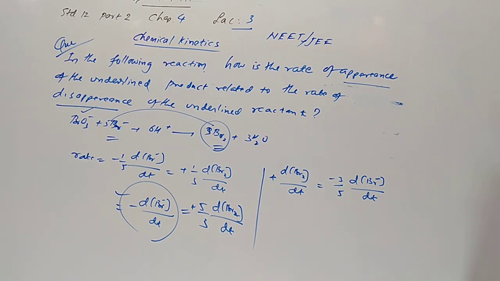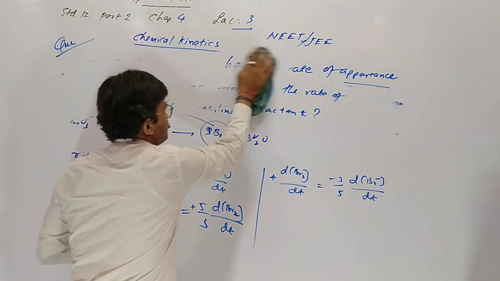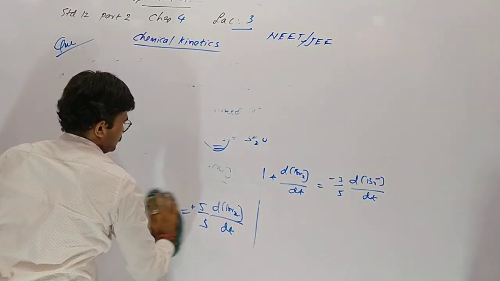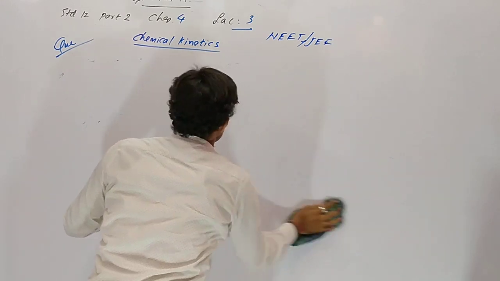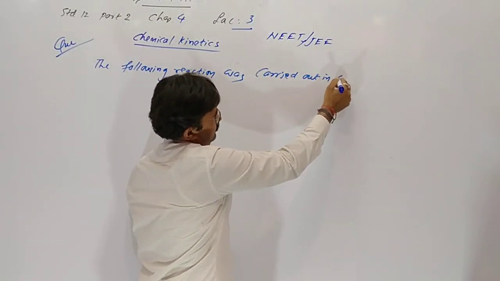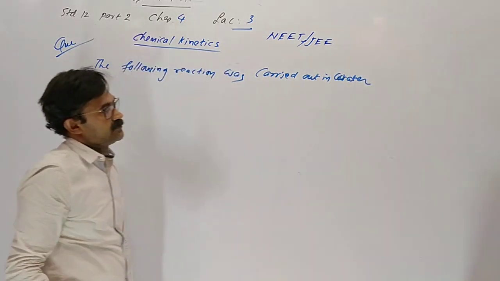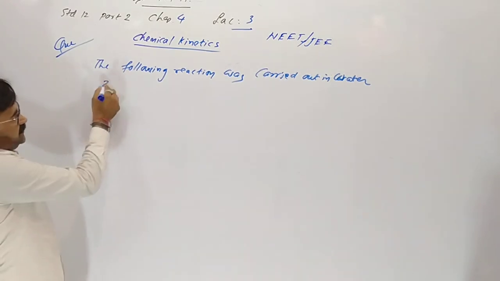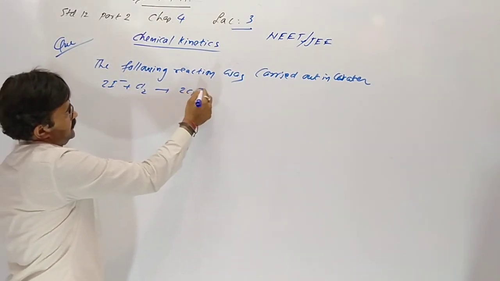Now next. The following reaction was carried out in water: 2I minus plus Cl2 gives 2Cl minus plus I2.